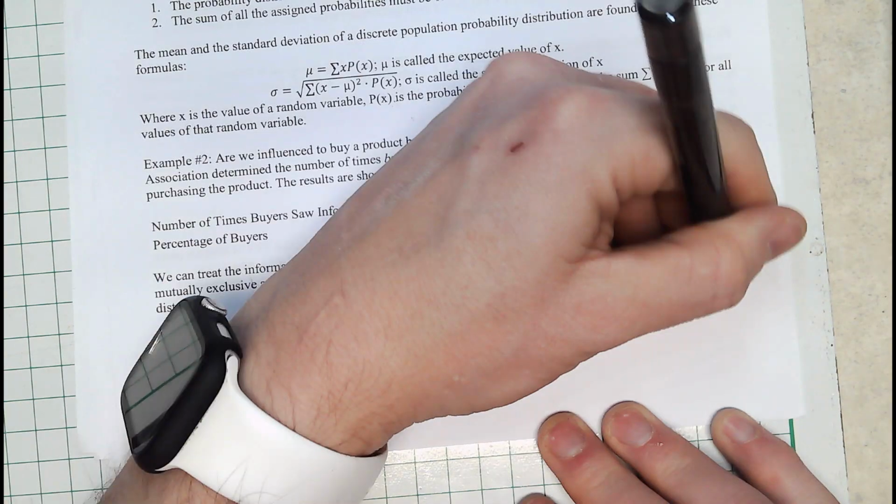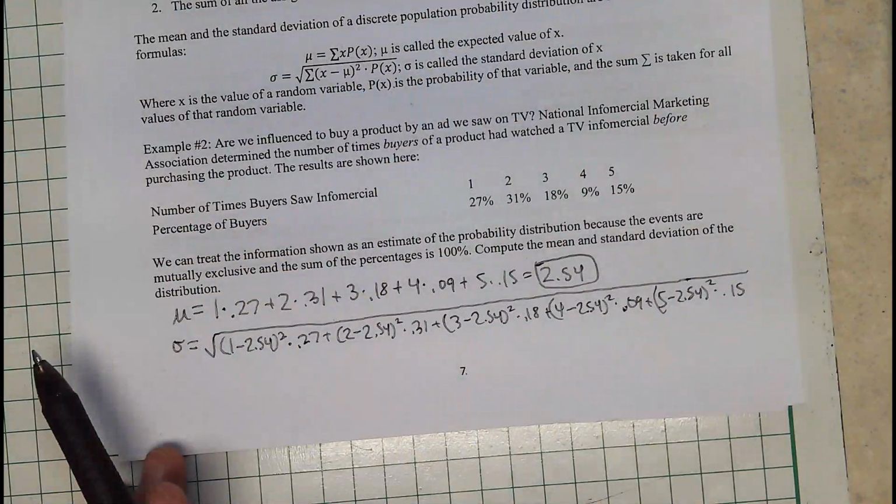So if this is too stressful for you, you could also do this in the calculator. What I did was each x value minus the mean, squared, times the probability attached to that. It would be a little bit of a pain.